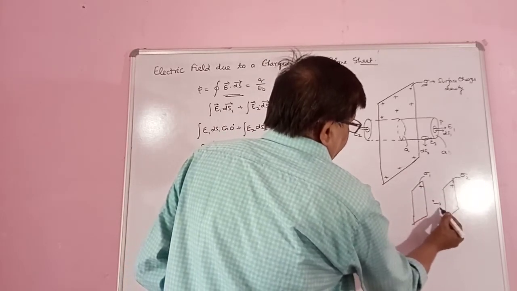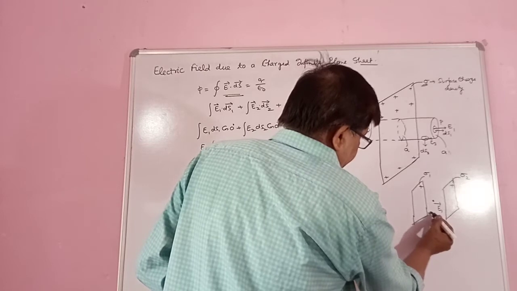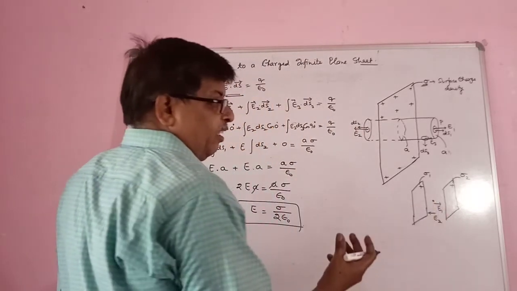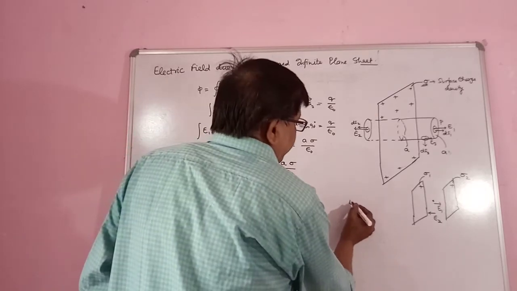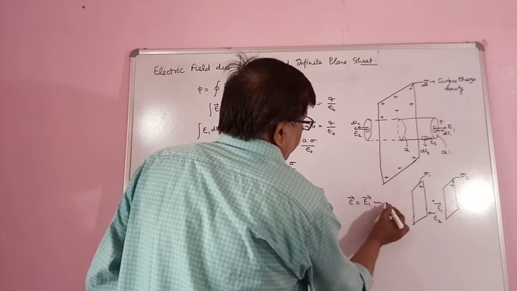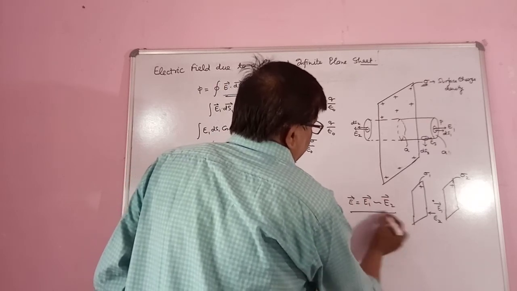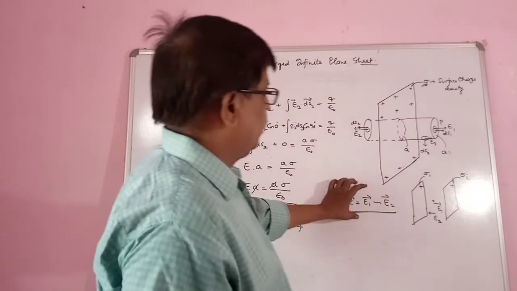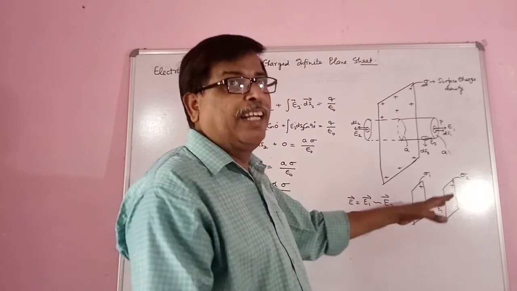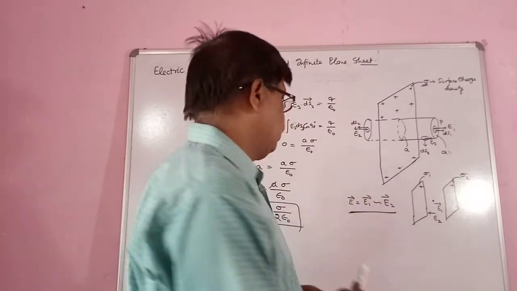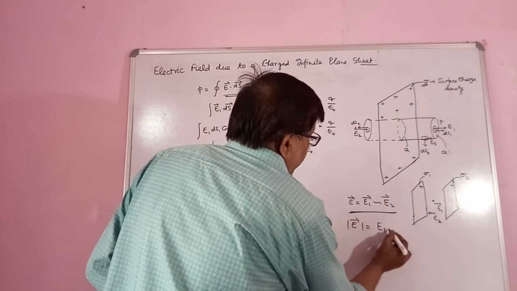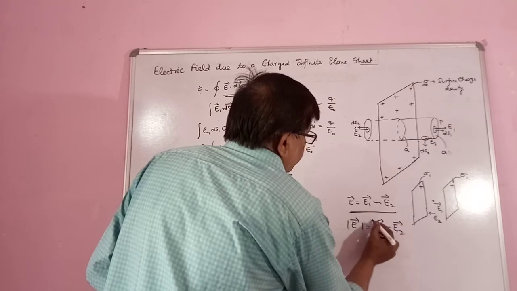So obviously this will be direction of E1 and this will be direction of E2. And what will be the net electric field? Net electric field E will be the difference of E1 and E2, whichever value is larger. The net electric field is E1 minus E2 or E2 minus E1, or you can say magnitude of E equal to mod of E1 minus E2.